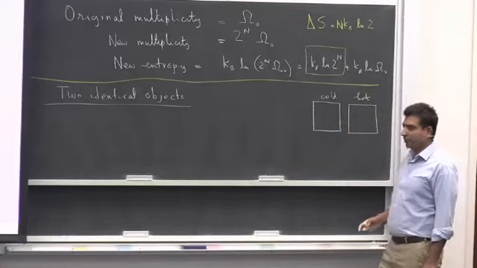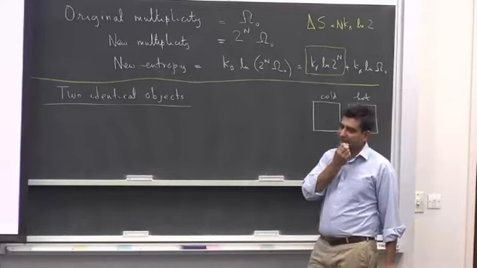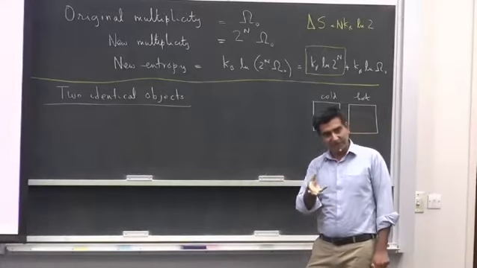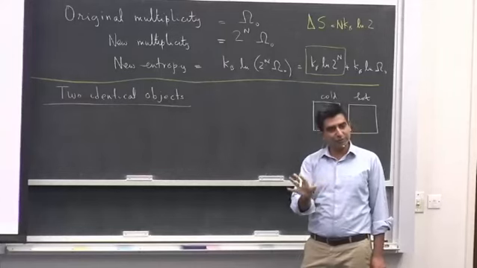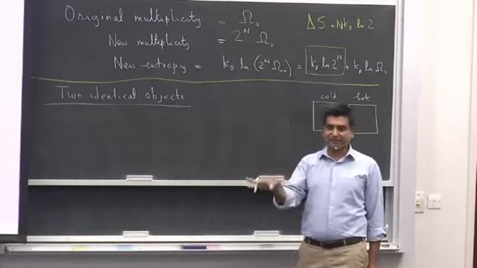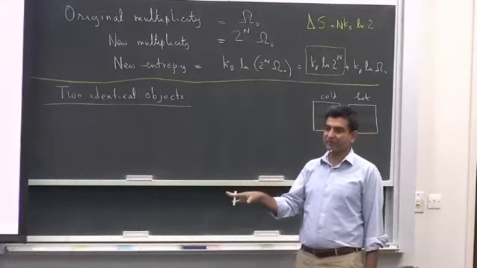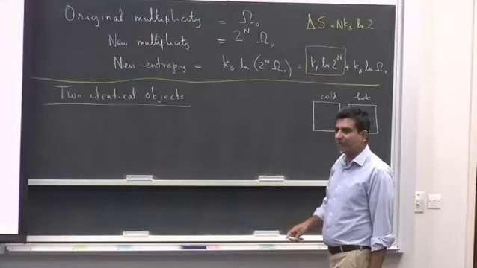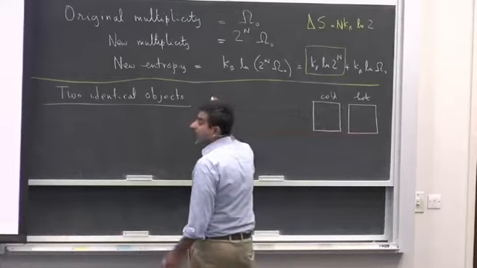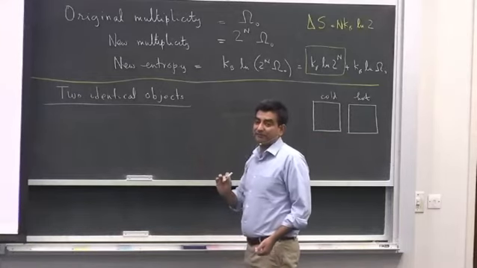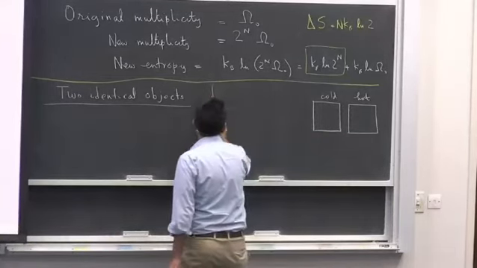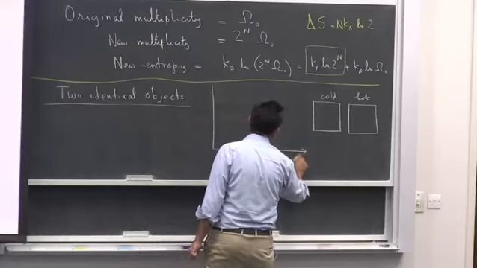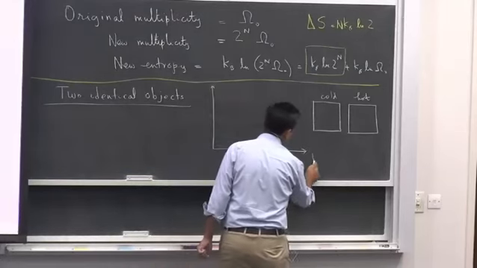Now if I were to plot the entropy versus the energy of each solid, the graph is going to be the same for each solid, because these are just identical solids. And what does the entropy graph look like? It's a concave downward graph. So I have energy here.